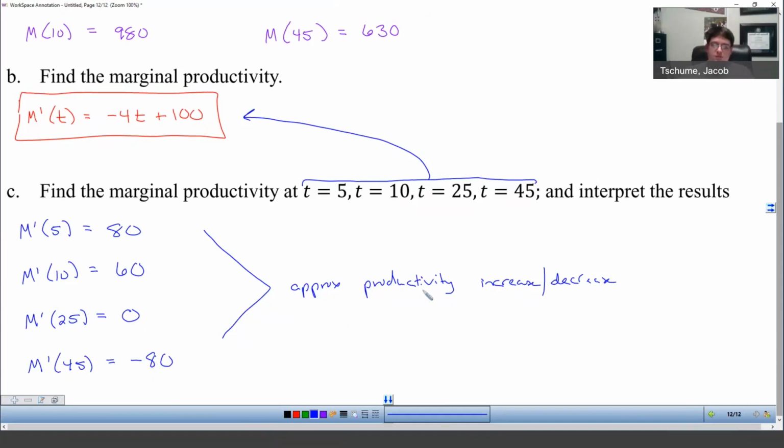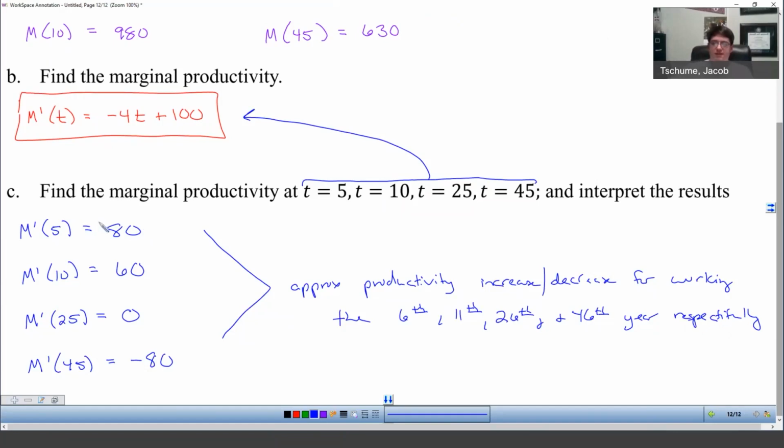So it's the approximate productivity increase or decrease for working in the 6th, 11th, 26th, and 46th year, respectively.